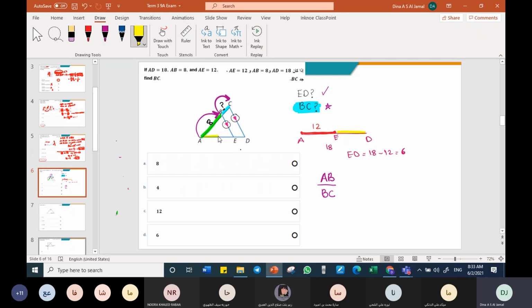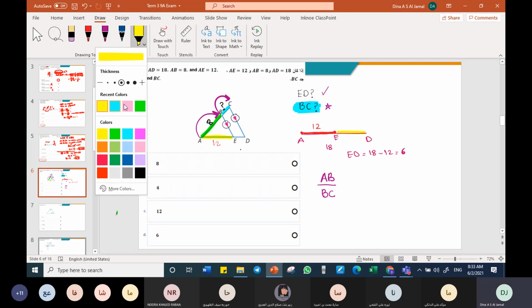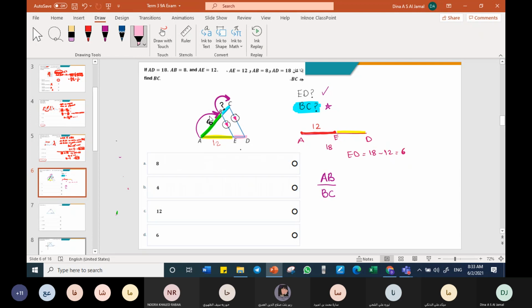And now let's erase these and put the new measurements that I got. So that means my AE is 12 and my ED is 6. So let's have a look now. This will be equal to AE over ED.